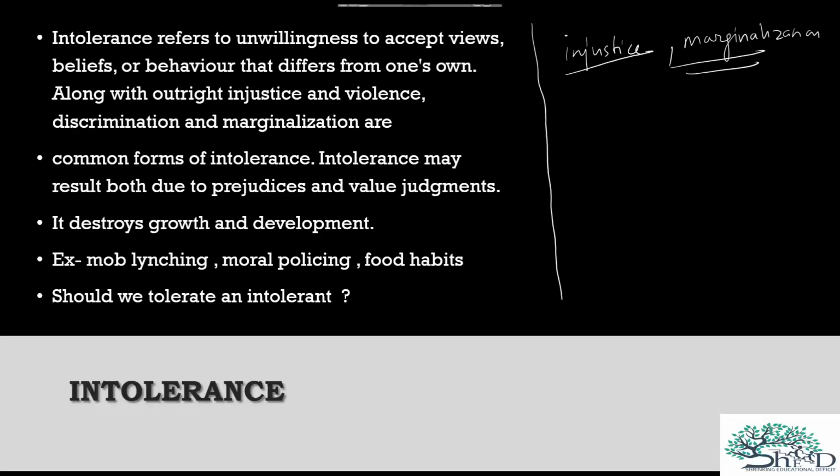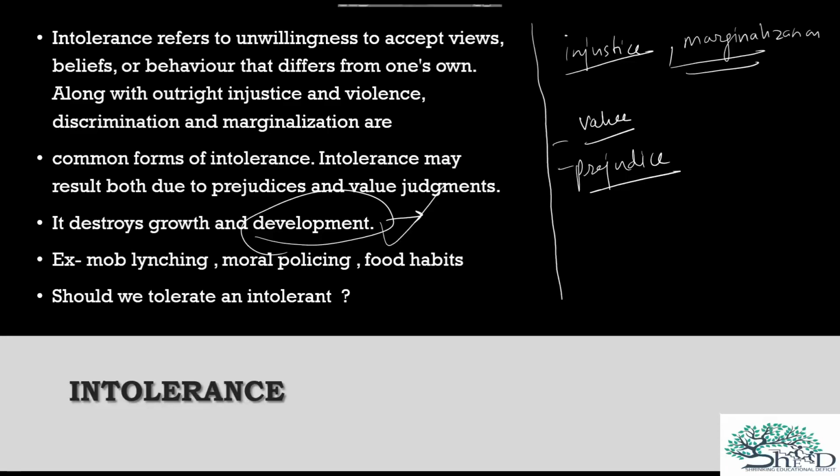Now, where does intolerance come from? You make a value judgment that this is bad, this is against my own values. Value judgment basically means terming something good or bad. Then you might have some prejudice, like that community is bad, this caste is bad, and so on. The effect is worst, in that it affects our development. When you don't let some people participate fruitfully in the economy, obviously we'll lose out on GDP and quality of life improvement.